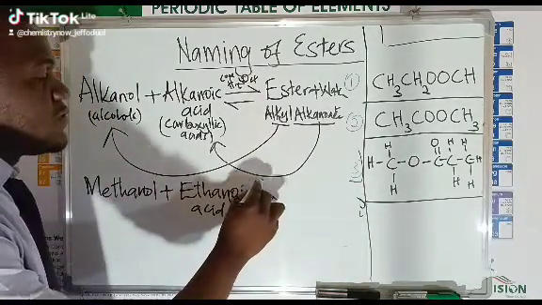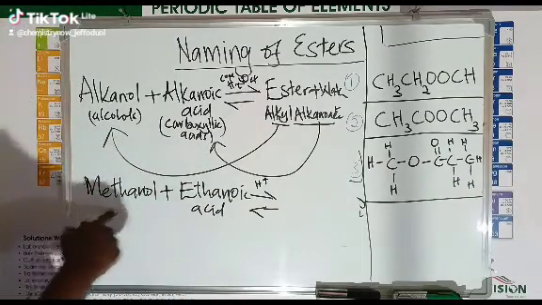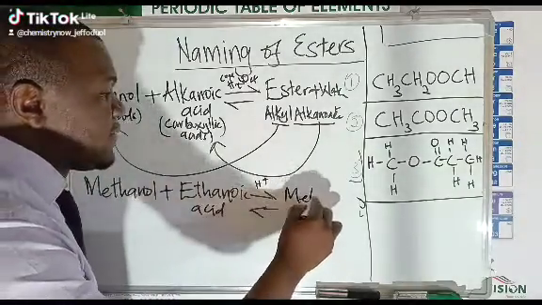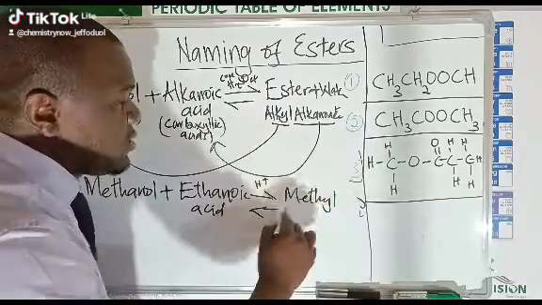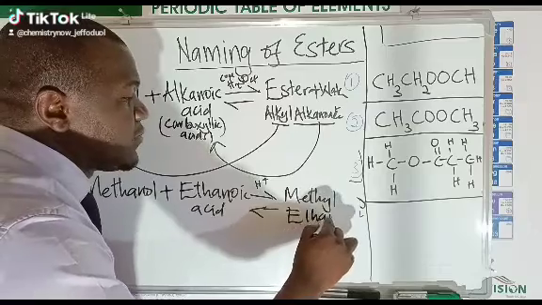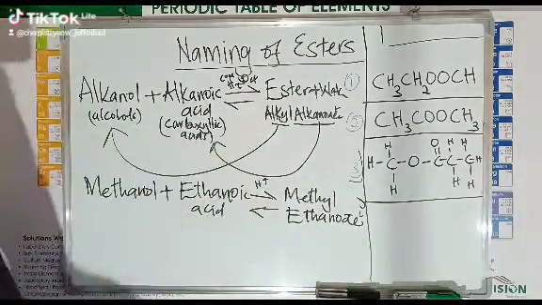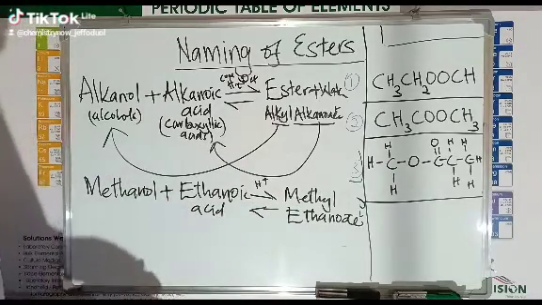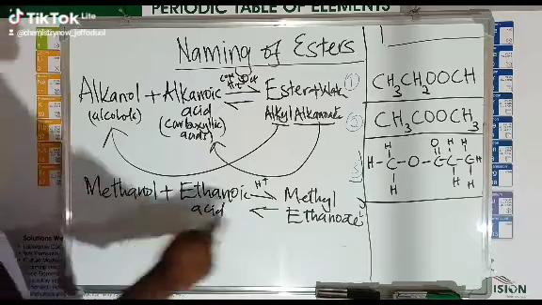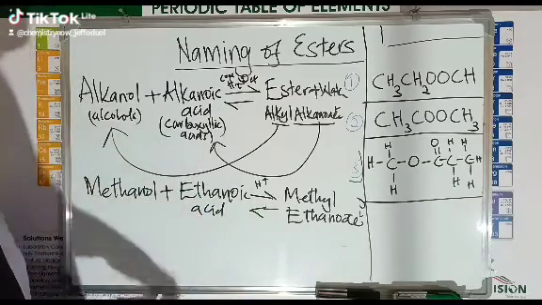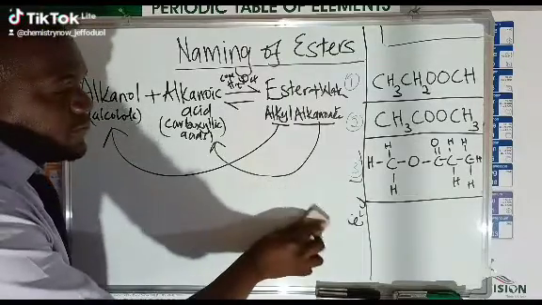In presence of sulfuric acid, you'll always end up with the ester called methyl ethanoate. You write it in a line, methyl ethanoate. Methyl ethanoate will be the ester that will be formed plus water. You can see that the first bit of the name, methyl, comes from methanol, and the second bit, ethanoate, comes from the acid. So that is the general procedure of naming esters.